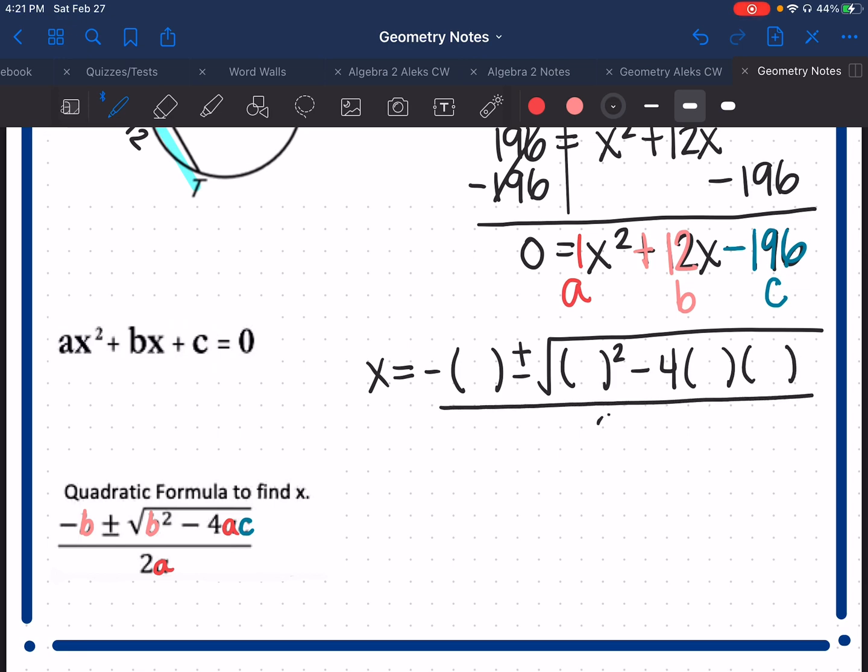A skeleton, just like the skeleton in your body, is just the support structure. What we're going to plug into each one of those parentheses, the a, the b, and the c, are going to be like our organs, right? They're going to help us out. So I can very simply see that my a's go here in the bottom and here right after the 4, right? I'm just using my color from over here. I can also see that my b's go here and here. And this last one is for my c.